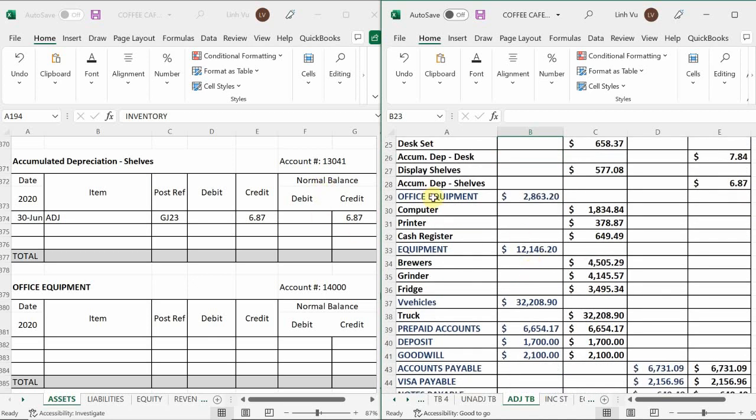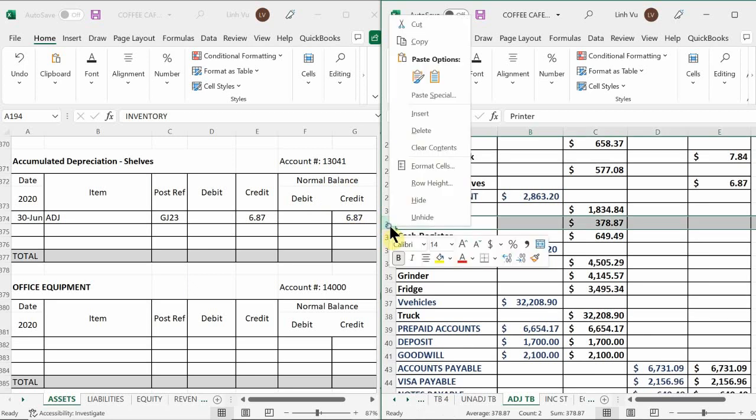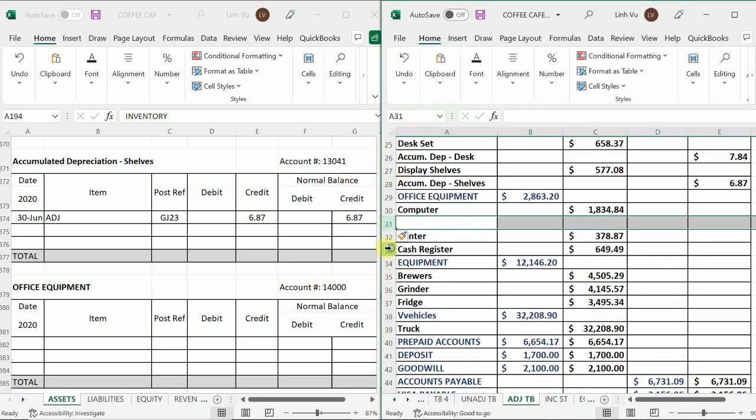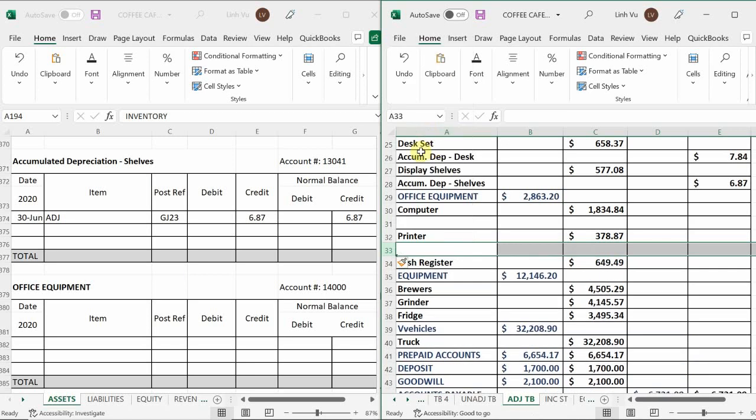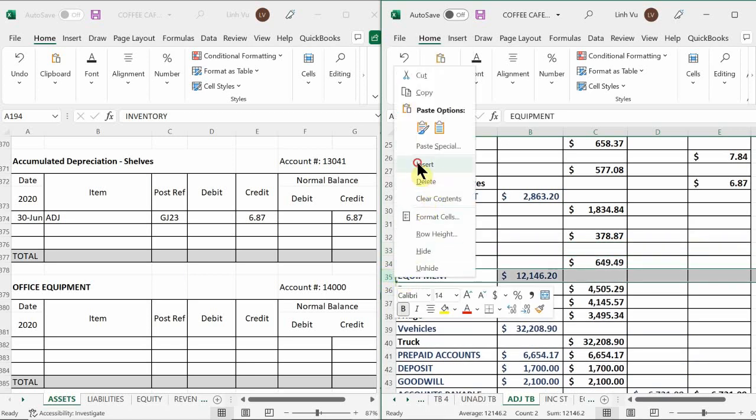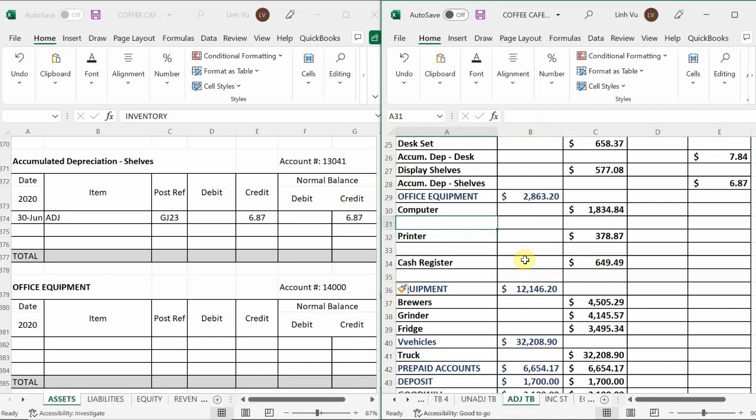So the next section I have here is my computer, my printer, and my cash register. I have to do the same thing, accumulated depreciation, computer.